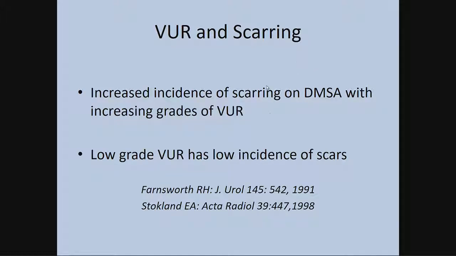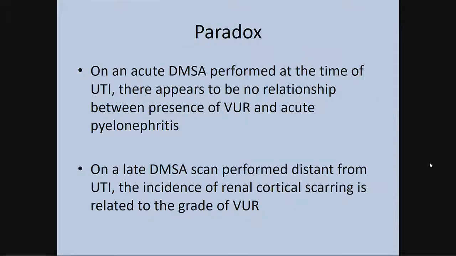Now, it is established that there's an increasing incidence of scarring on DMSA with increasing grades of reflux, and that low-grade reflux has a low incidence of scars. This was demonstrated by Dr. Farnsworth in our institution, as well as the Swedish group, Dr. Stockland from Sweden.